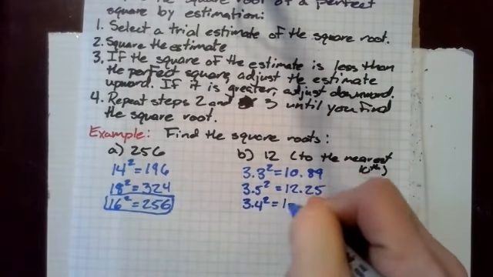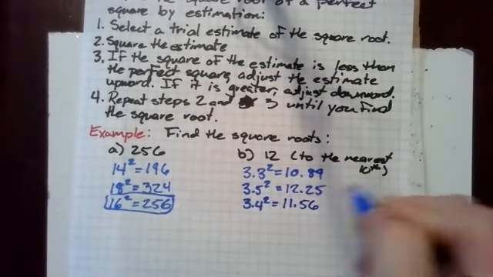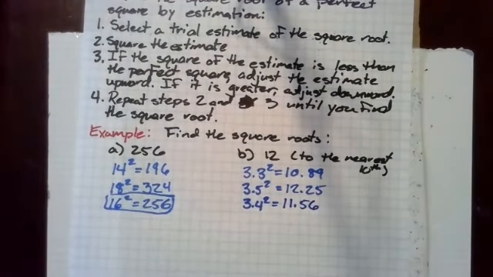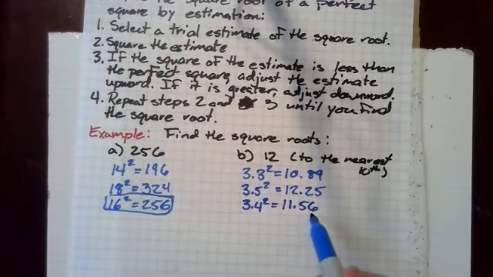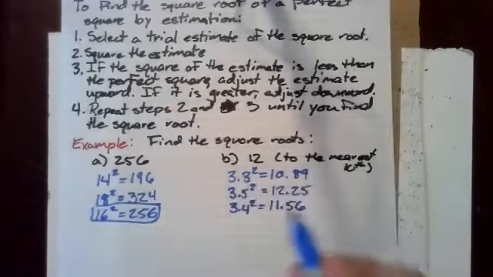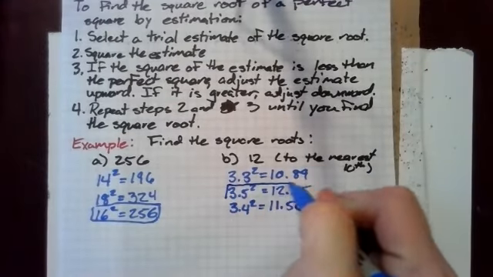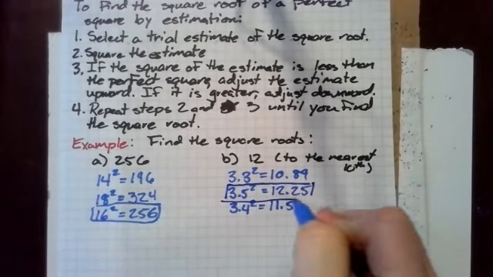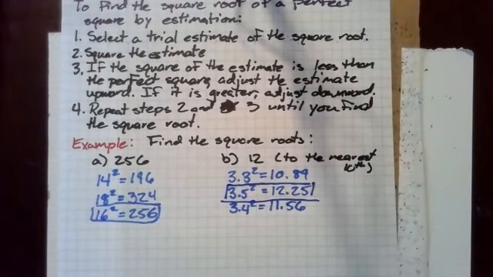That's 11.56, which is further from 12 than 3.5 squared is. This is 0.44 off. This is only 0.25 off. So the closest number to the square root of 12 to the nearest tenth is 3.5.